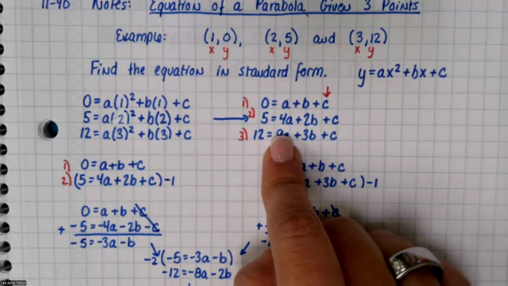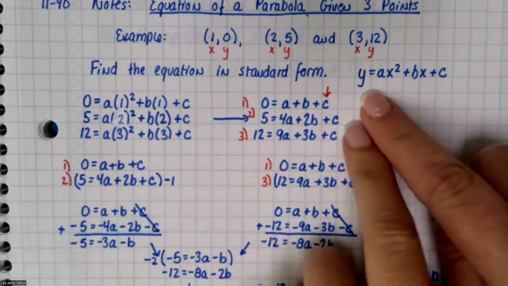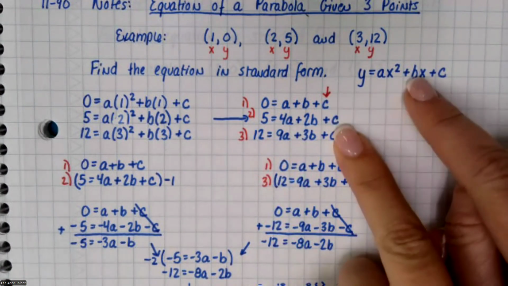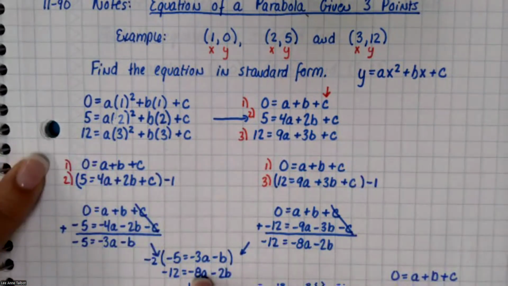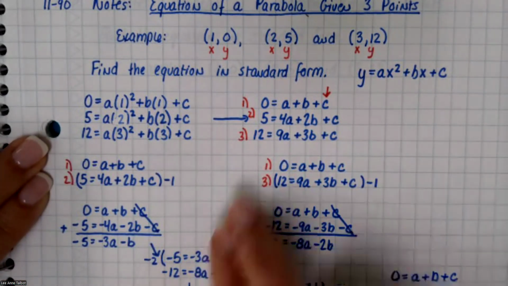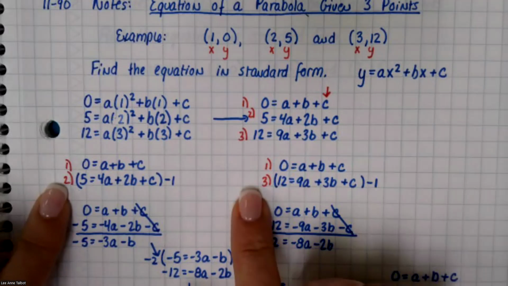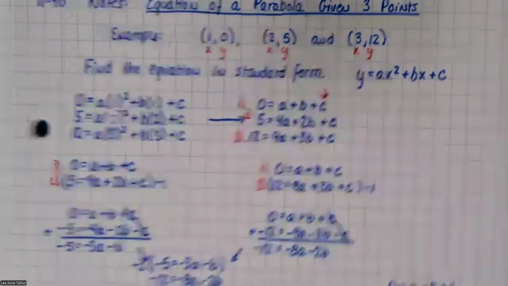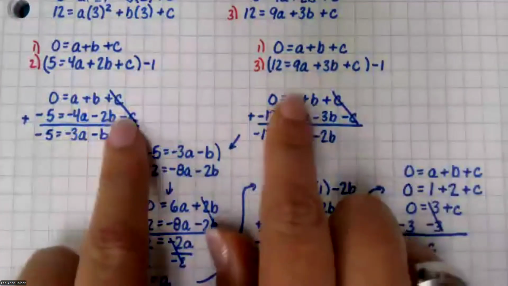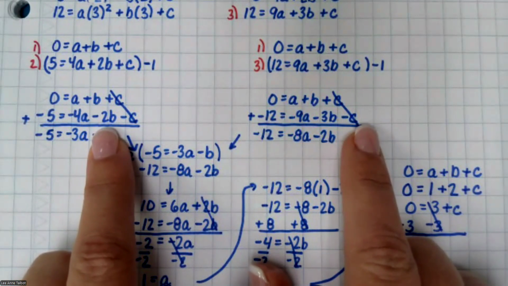Are you guys with me? Okay. I noted that the C's were all plain C's, so that would be the easiest thing to eliminate. And I put together 1 and 2 and 1 and 3 in subproblems. I multiplied each of the bottom equations by -1 so that I could add. When I did that, I eliminated the C's in both equations.